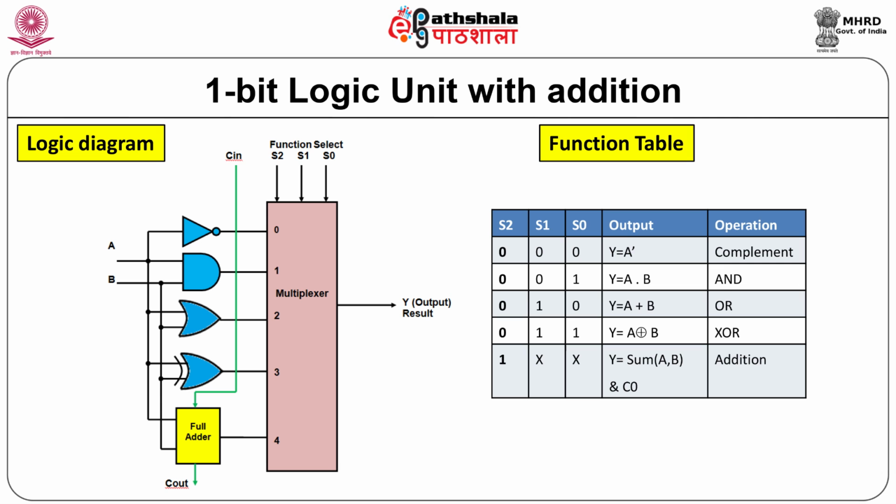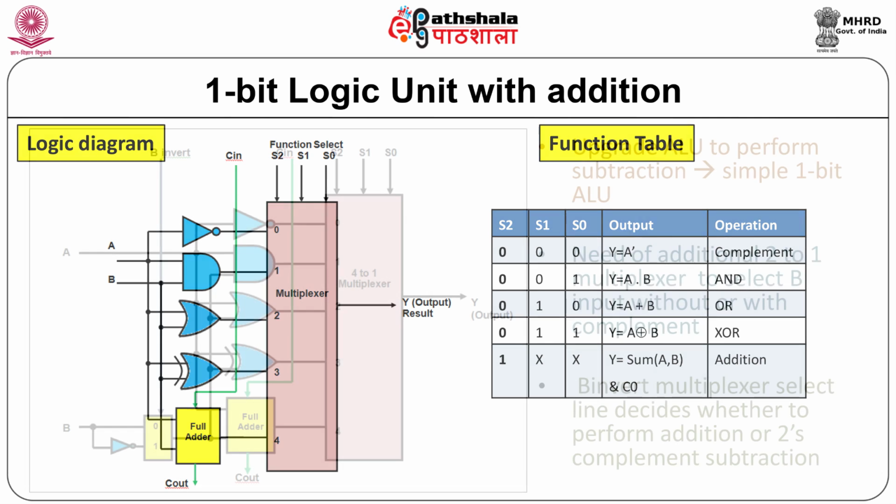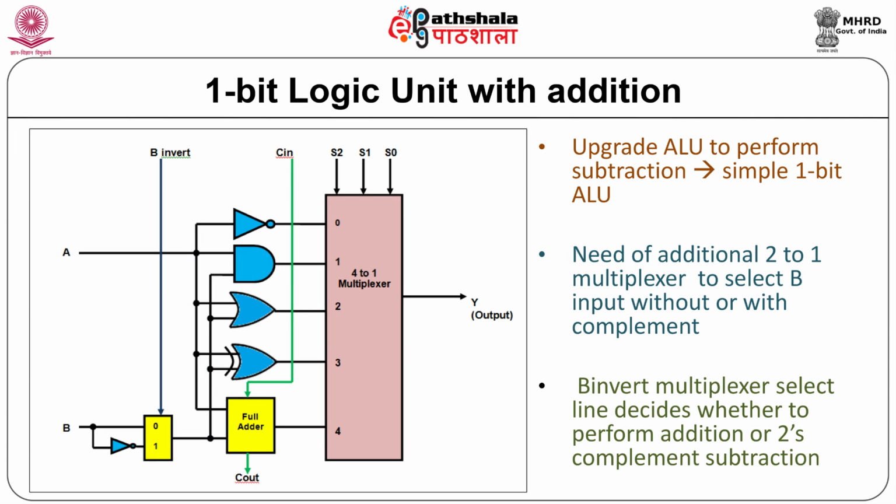After addition of operands, sum as well as carry outputs are generated. For implementing subtraction, it is necessary to upgrade the ALU. The subtraction can also be represented as an addition of A with B's complement. By adding 1 through the carry input, it is possible to implement 2's complement addition.